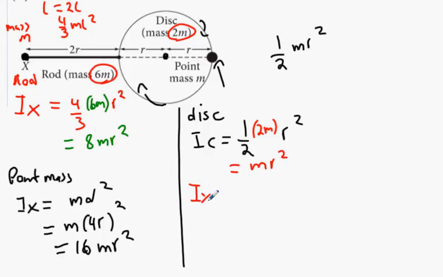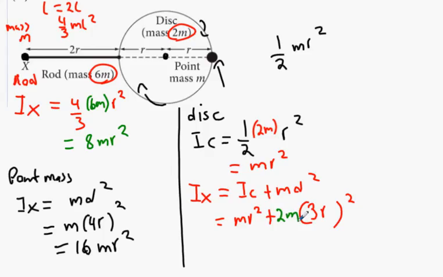So then we have to go looking for axis X, and we use the parallel axis theorem. IC is mr squared. How far is our center of gravity of our disk away from the axis X? 3r. No bother there. What's our mass of our disk? 2m.